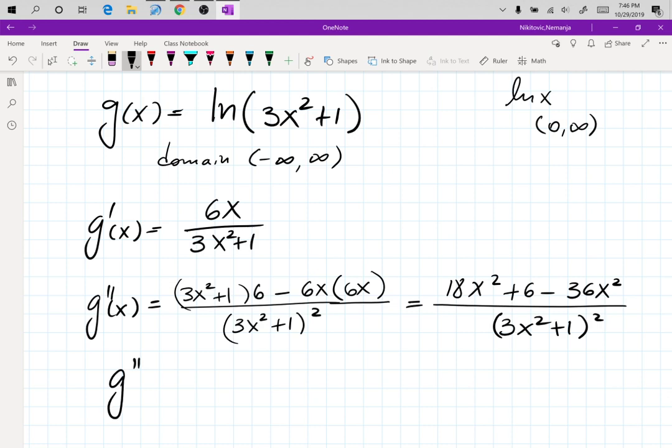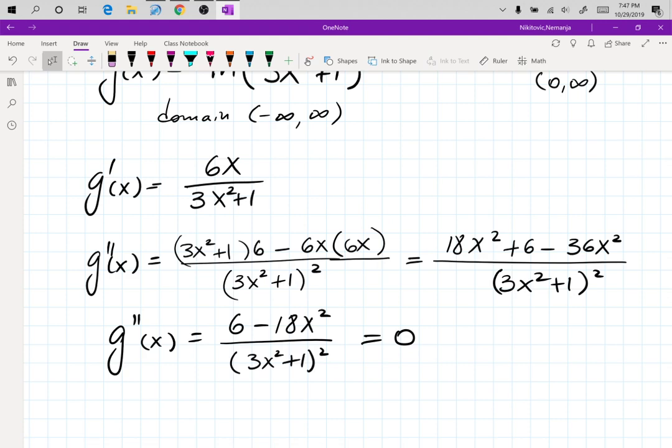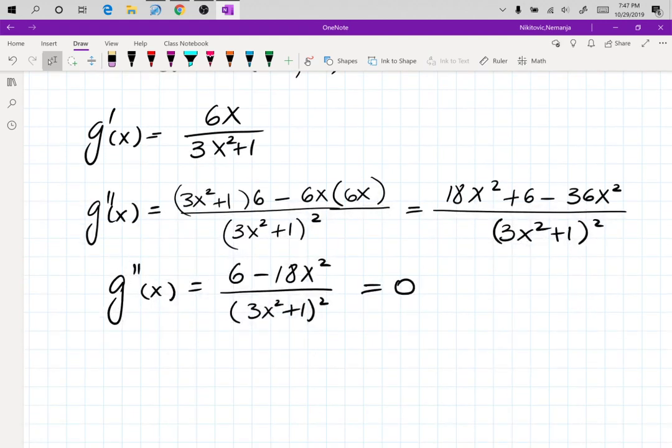So the second derivative is 6 minus 18x squared divided by whatever. And why do I say whatever? Because when we set it equal to 0, the whole denominator completely cancels. And we have to deal with 6 minus 18x squared equal to 0.